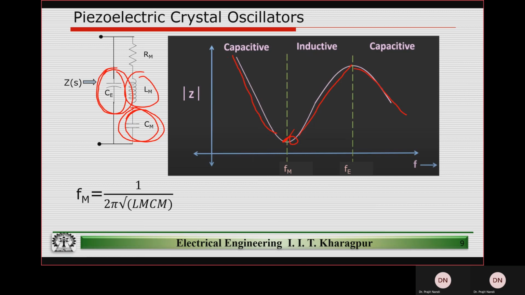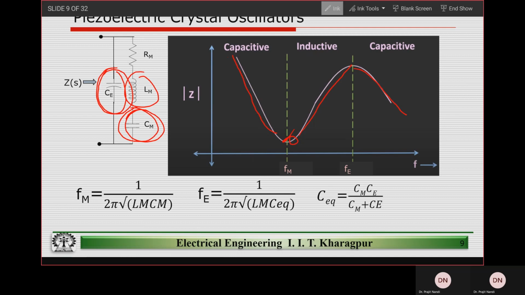And then FM and FE, if we do the math, we can see that FM, which is nothing but the series resonant frequency, depends on LM and CM, right? Pardon the suffix here, it's a PPT issue.